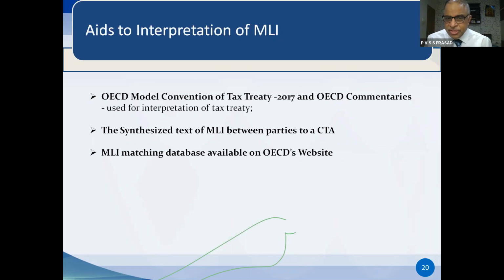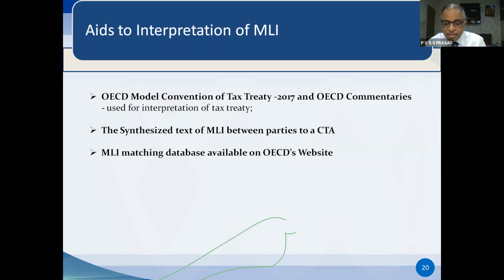The synthesized text of MLI between parties to a CTA. What is a synthesized text? Synthesized text means India and UK, having ratified their instruments with OECD and having brought the MLI into effect in their respective countries through their legal process, will issue a synthesized text.